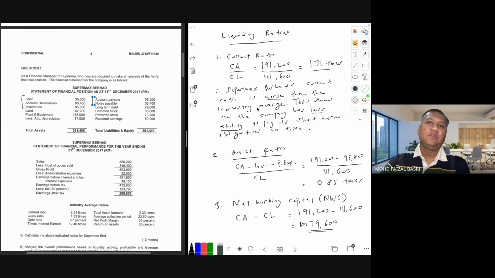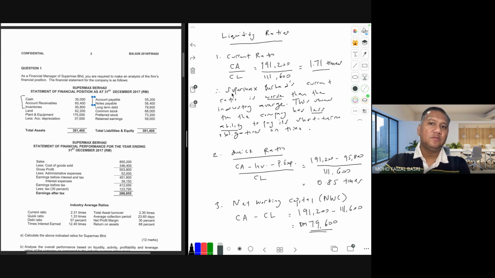So for the liquidity ratio questions, only number 1 and number 2 we can compare, and both ratios are worse as compared to the industry average, at least for Supermax Berhad. So that's how we do financial ratios, hopefully you can get the idea. For all the ratios I mentioned, the way we extract the data, analyse it by calculation, and comment on it is more or less like this. Each item we must find either in the balance sheet or the income statement.